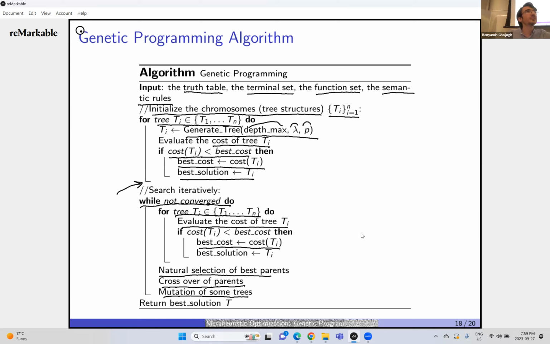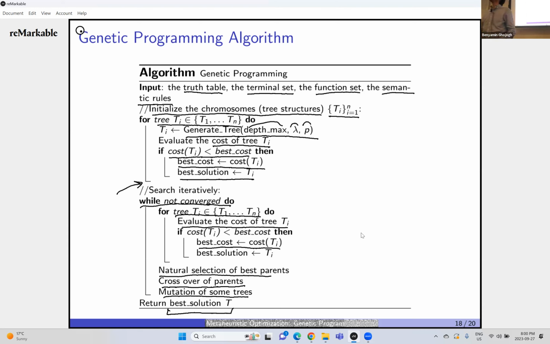Then we do the mutation of the trees. And we do it iteratively until termination. And then finally, we return the best tree. And the best tree is the best function expression that we could find, right? There might be a better one, but we couldn't find it in these many iterations, right? I told you once, metaheuristic optimization always says, this is the best that I could find. I don't guarantee that this is the best. Yes.